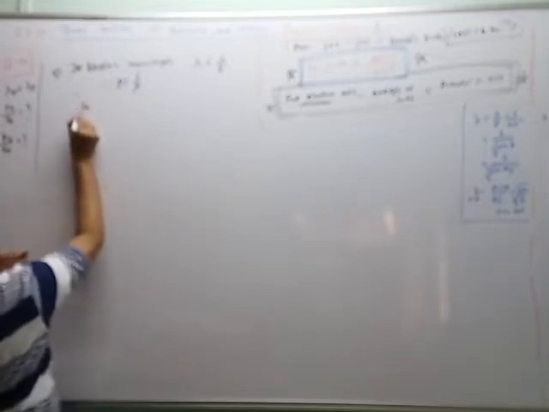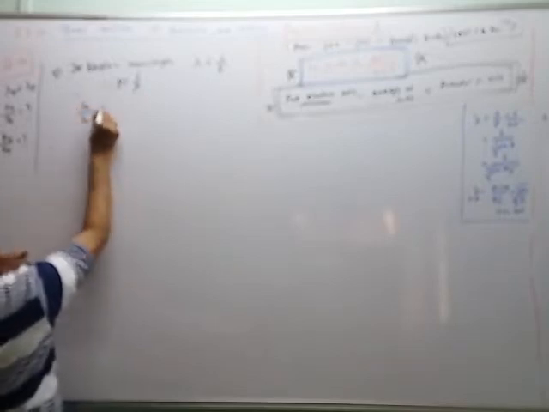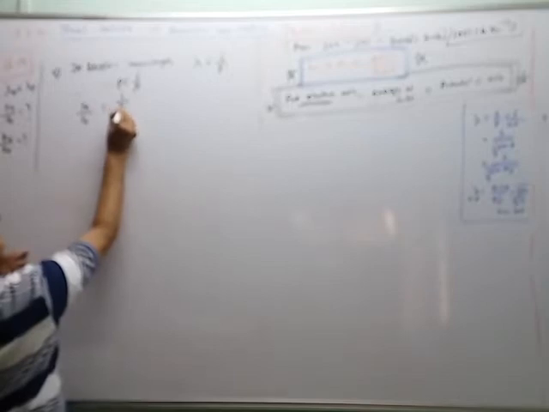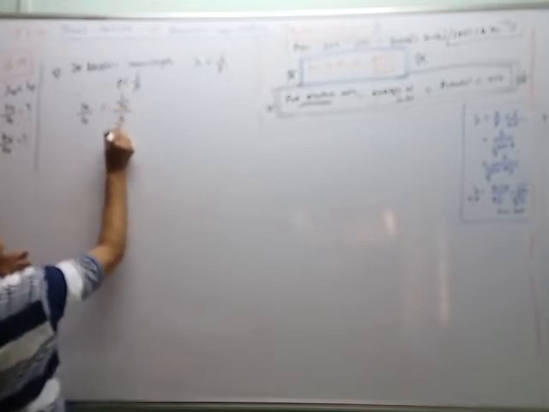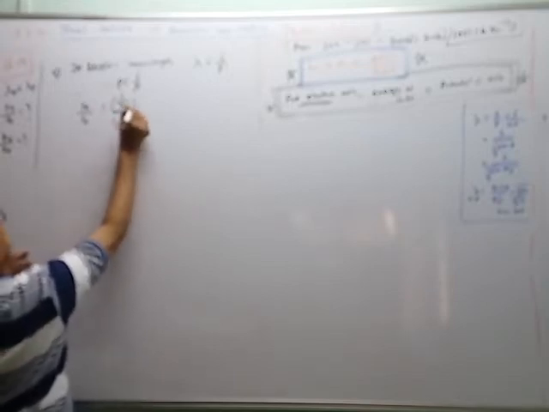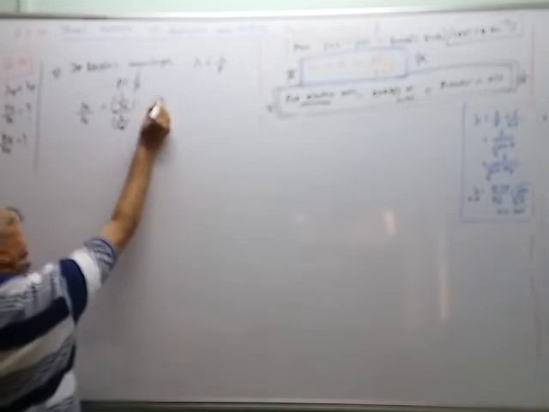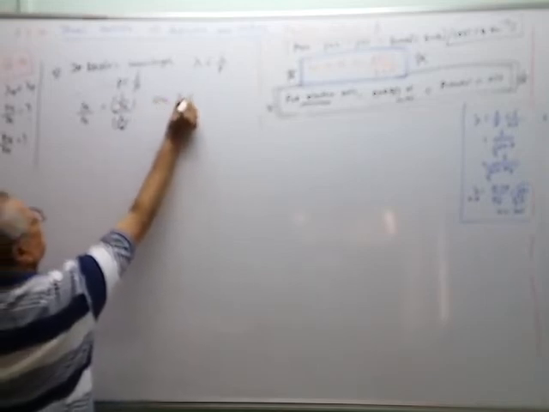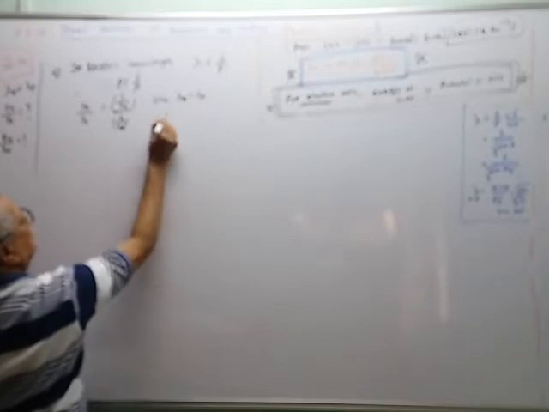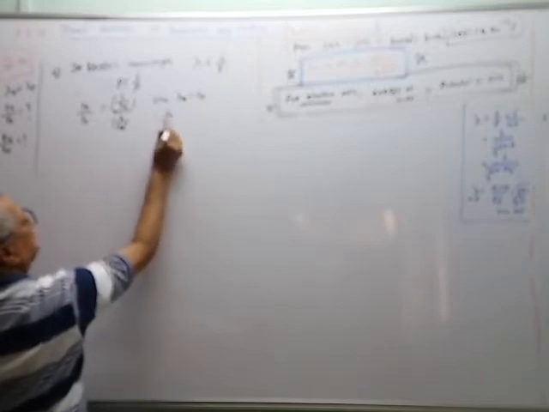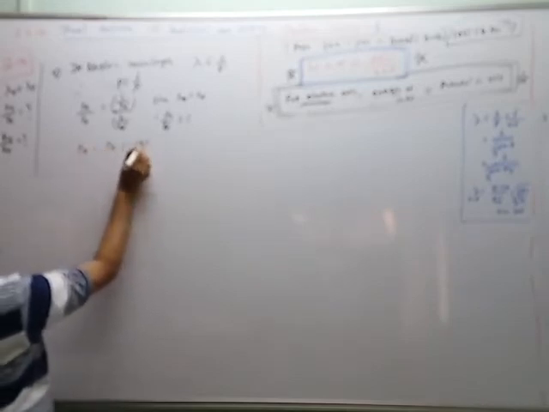Therefore, momentum of the electron to the momentum of the proton is equal to h upon lambda e divided by h upon lambda p. Since lambda electron is equal to lambda proton, therefore pe upon pp is equal to 1. So momentum of the electron to momentum of the proton is equal to 1 is to 1.